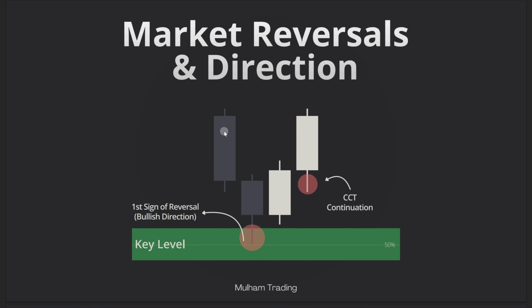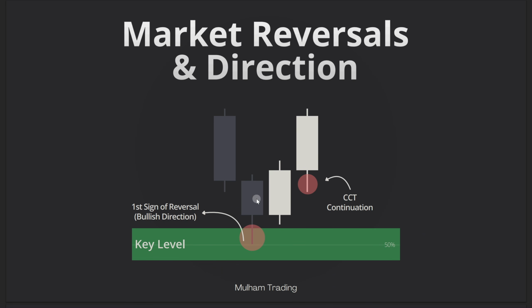Now you see how we are pushing lower and then pushing lower, and what happened here is respecting of the key level and respecting the 50% of the key level. At this time exactly, the indication or the sign that I'm getting from the market at this specific time is a potential bullish momentum, at least a temporary direction to the upside.